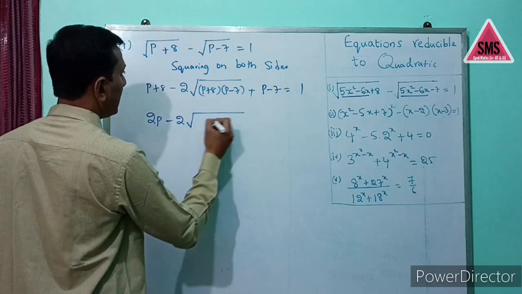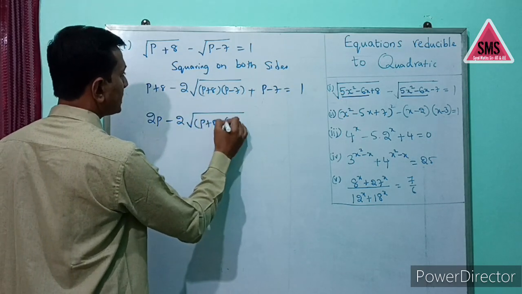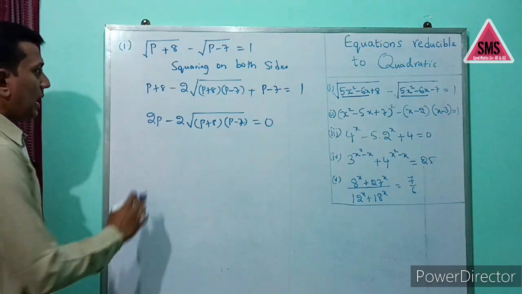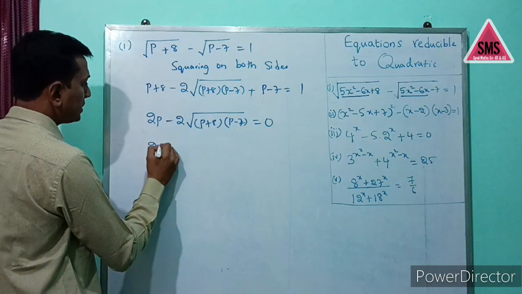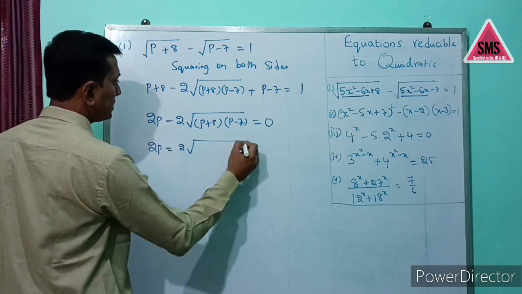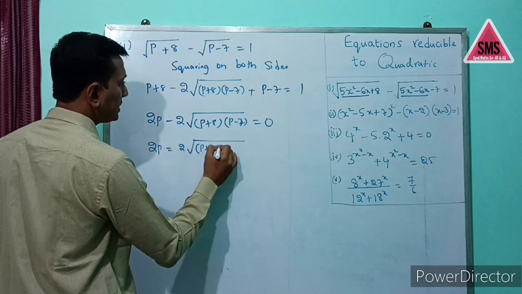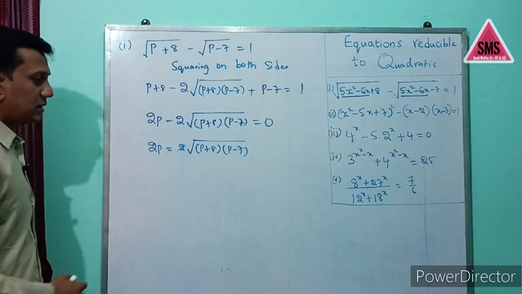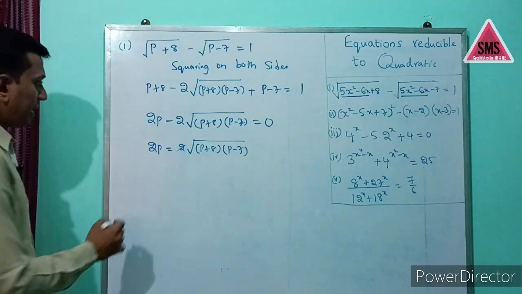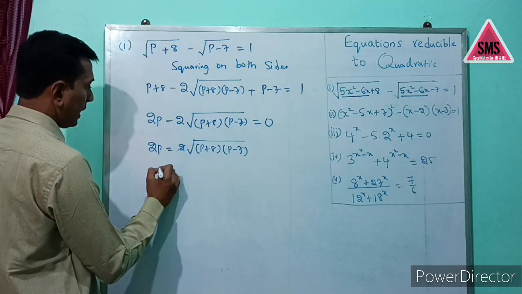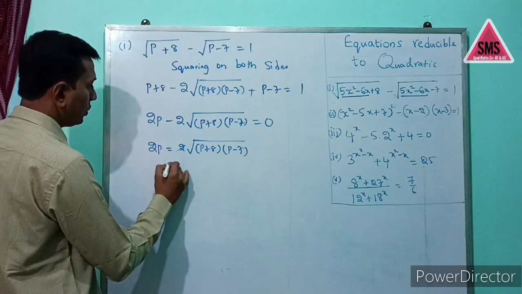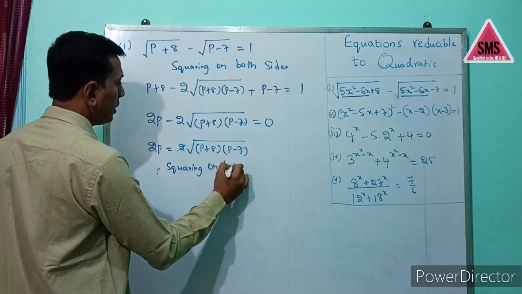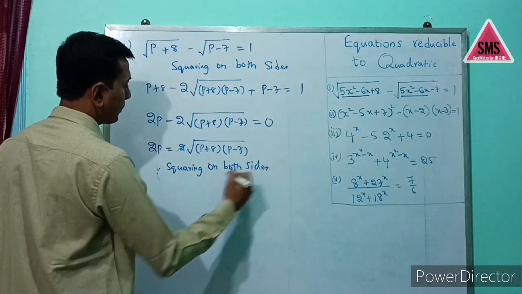So we will be left with an expression like this, equal to 0. Transpose this term: 2p is equal to twice the square root of p plus 8 into p minus 7. 2 gets cancelled on division, so p is equal to the square root of p plus 8 into p minus 7. Again do squaring on both sides.